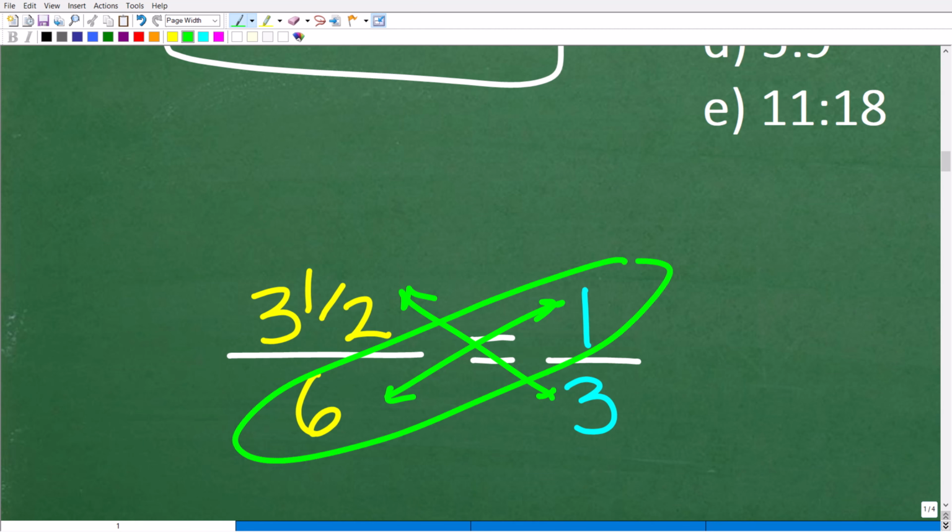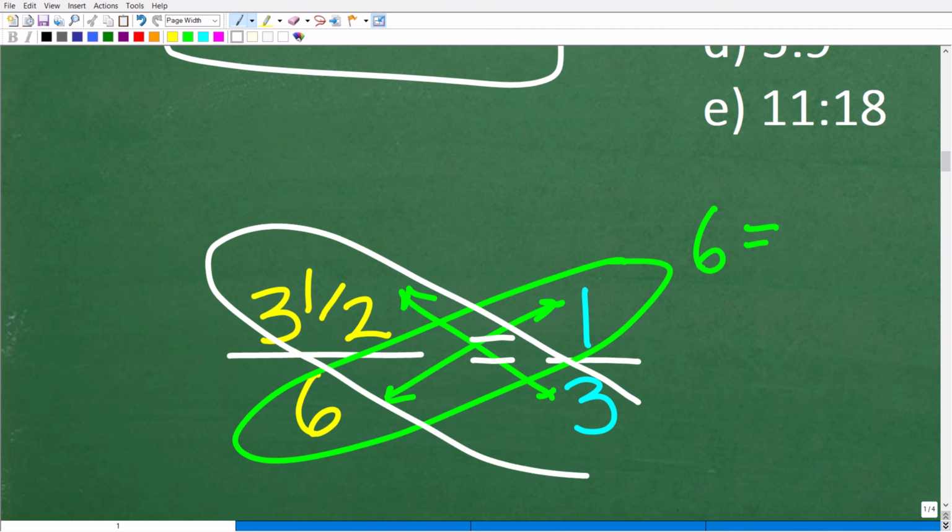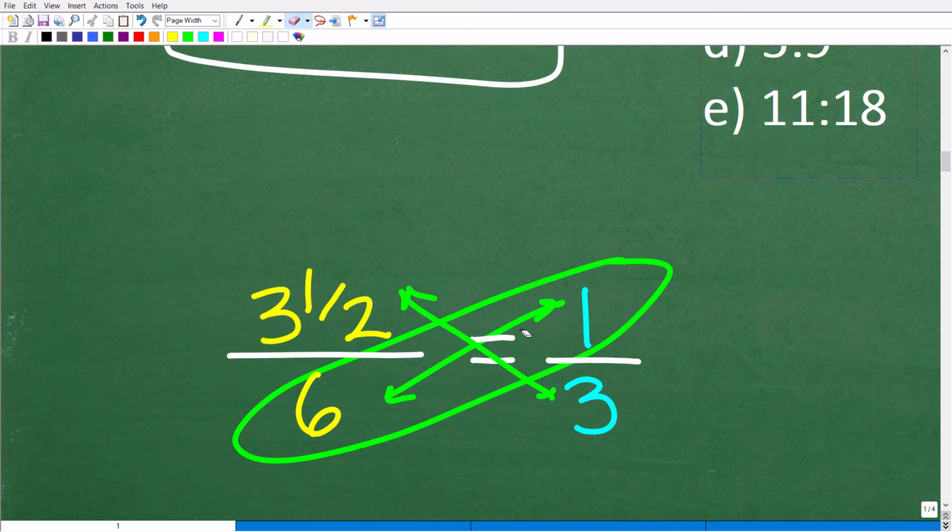So here we have 6 times 1, which is 6. This side right here, 3 times 3 and 1/2, needs to be equal to 6 in order for this to be a valid, equivalent proportion, or two equal ratios. And you could see 3 times 3 and 1/2, if it was just 3, just drop the 1/2, 3 times 3 is 9.